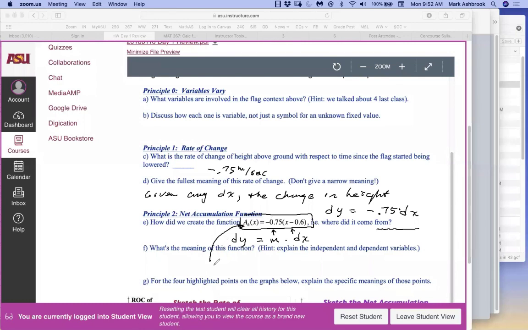But then the value gives you the change in height since 0.6 seconds after the flag started being lowered. So make sure you understand that the independent variable is the overall time since the flag started being lowered, but the value of the function gives how much the height changed since 0.6 seconds.